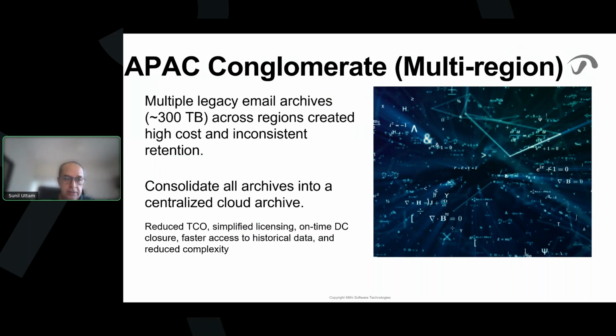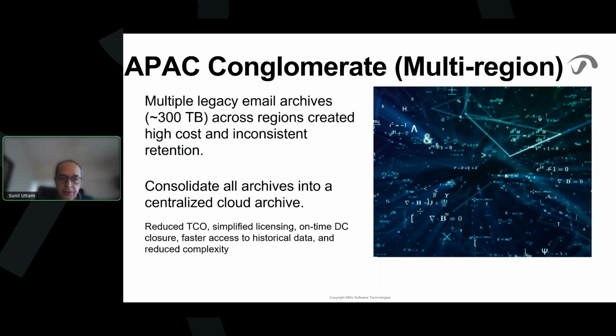But what they did was centralize this into a centralized cloud archive, right? So what did it do? TCO is down. I don't have to maintain so many legacy systems. Single place, TCO down. Licensing simplified. DC closures, because such a lot of data is kept in internal data centers.